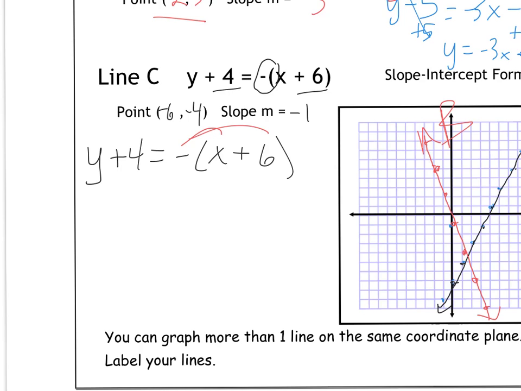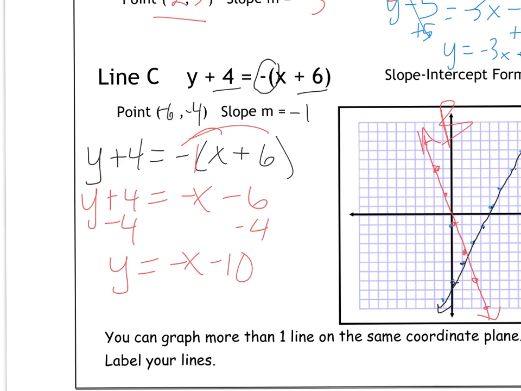Distribute the negative 1 to everything. And we get y plus 4 is negative x minus 6. Bring your 4 over. Y equals negative x minus 10. Remembering that there's a 1 there. So my y-intercept is 0, negative 10 with a slope of negative 1.